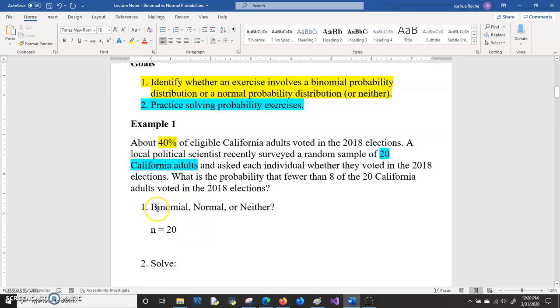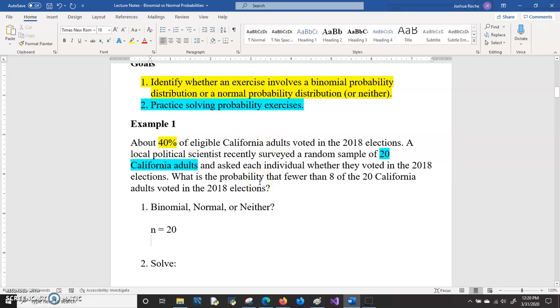So first, we want to identify, is this involving a binomial distribution or a normal distribution or neither? In an exercise involving a normal distribution, the exercise usually mentions the word normal.